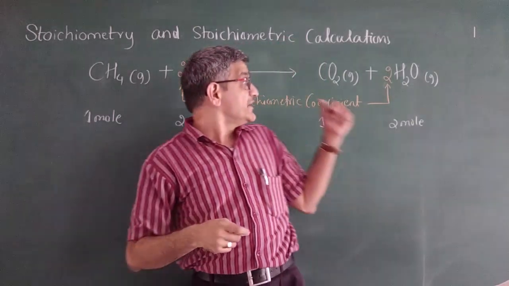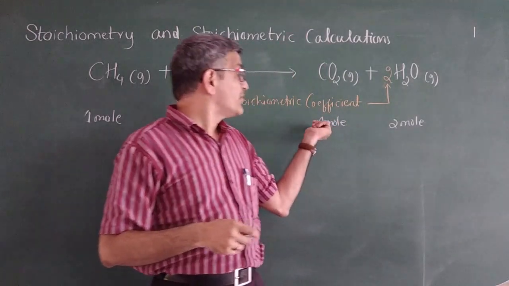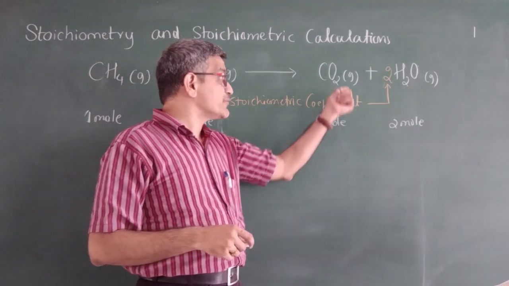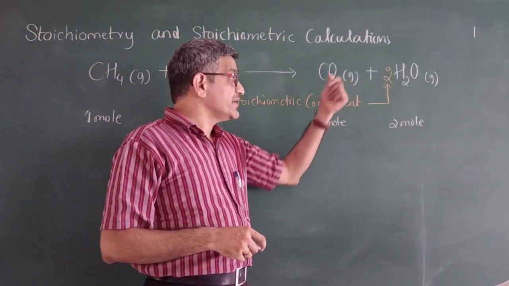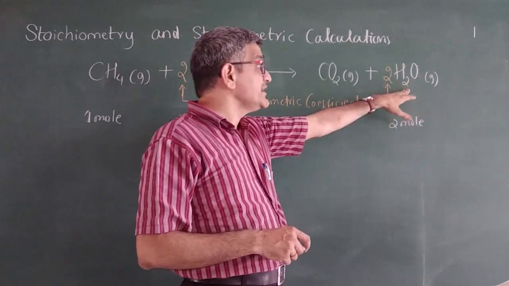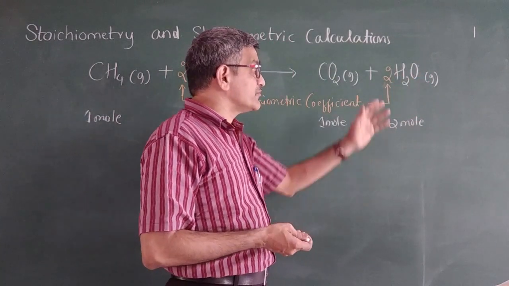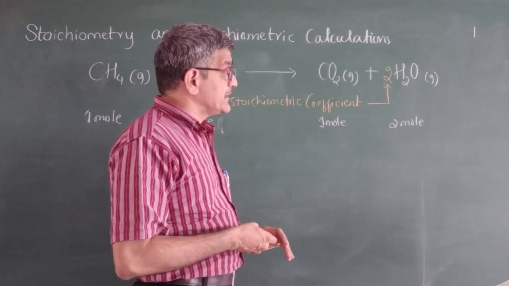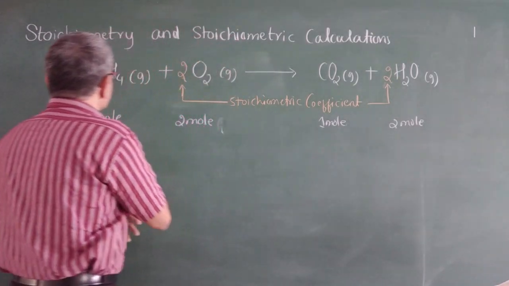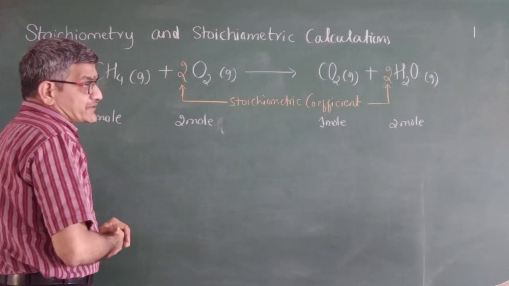It gives 6.022 into 10 raised to 23 carbon dioxide molecules and 2 into 6.022 into 10 raised to 23 water molecules. So this is in terms of moles.